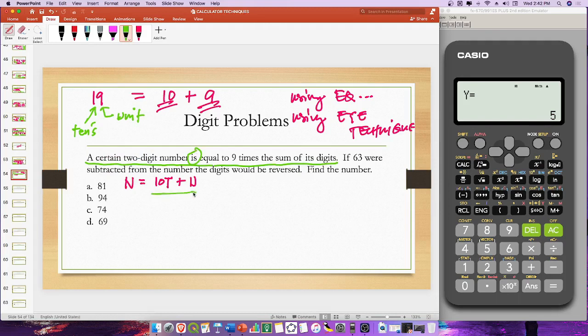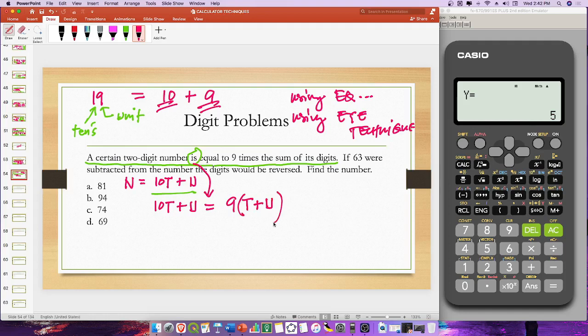That is equal to 9 times the sum of its digits. So the digits are t and u. You can write this equation as: the two-digit number, this is your equal sign, is equal to 9 times the sum of its digits. The digits are t and u. This is the sum of the digits.